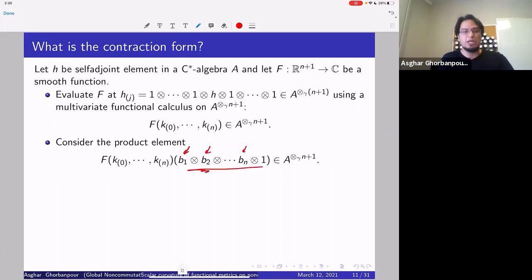You take any other elements from A theta, b1, b2, bn, and form this element in the tensor of A with itself n plus 1 times. Then you can multiply these two things. This is an element of this guy, and when we multiply, we get an element again back there.